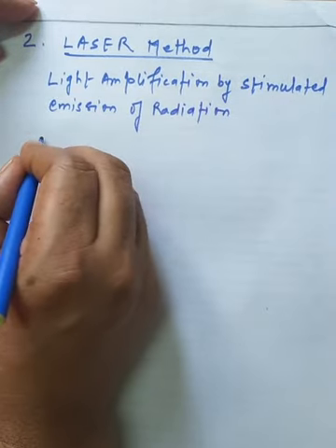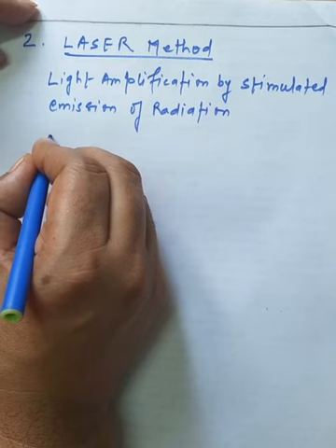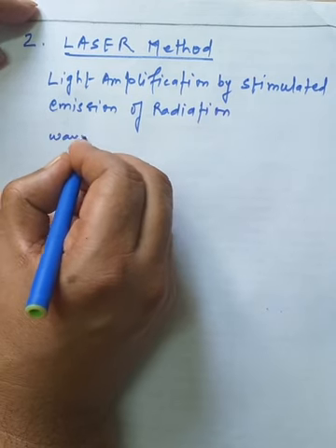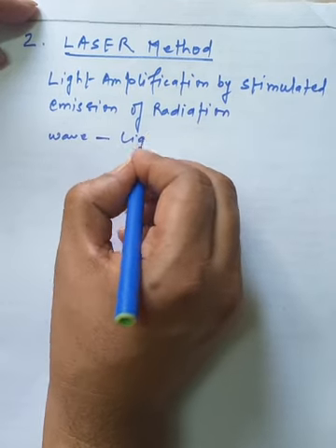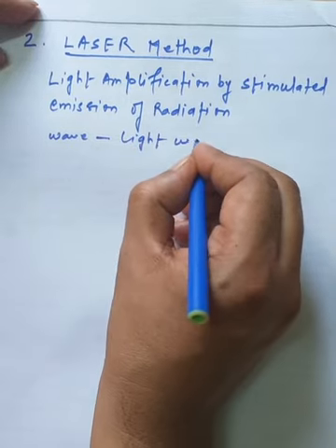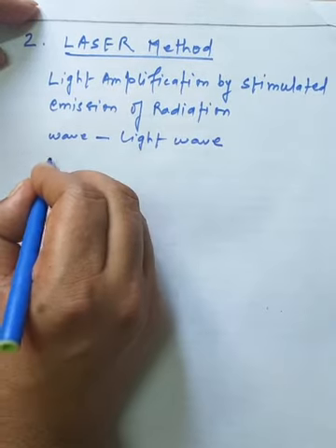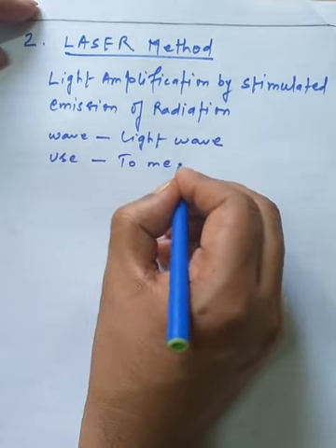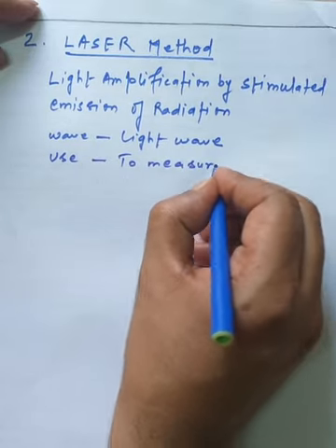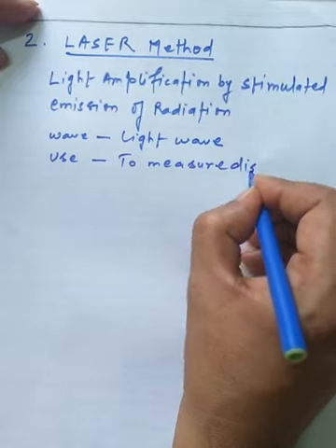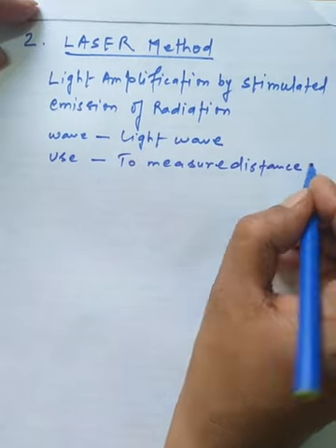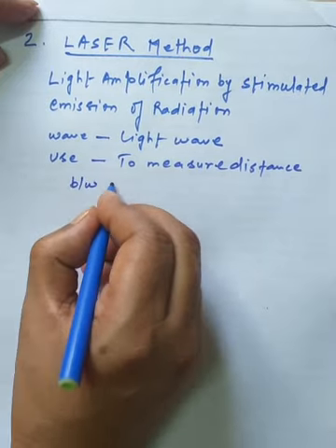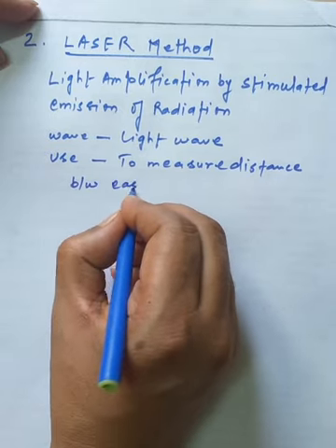Generally this method uses a wave that is the light wave. The use of this method is to measure the distance between Earth and Moon.